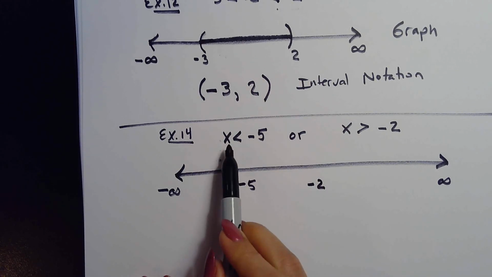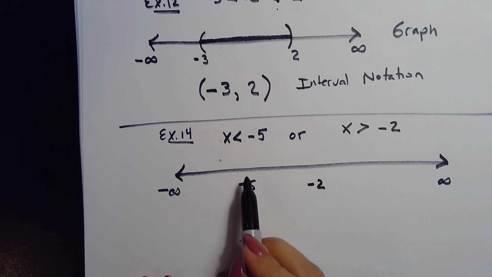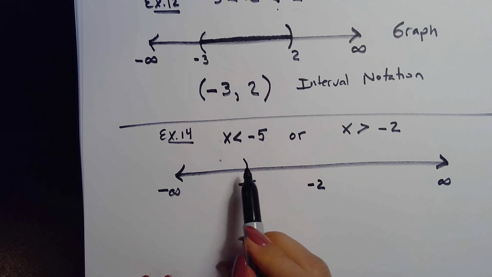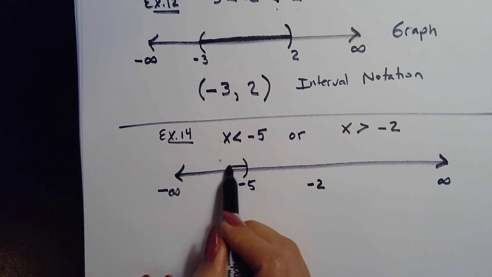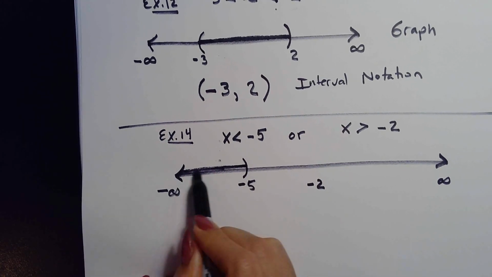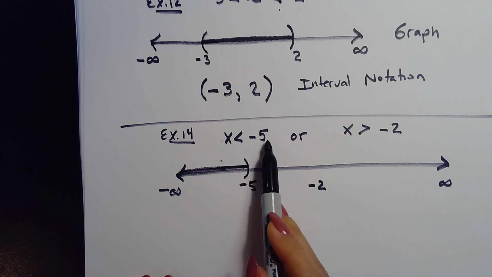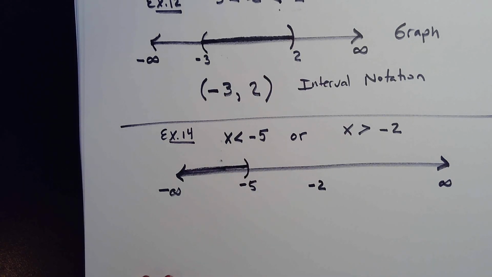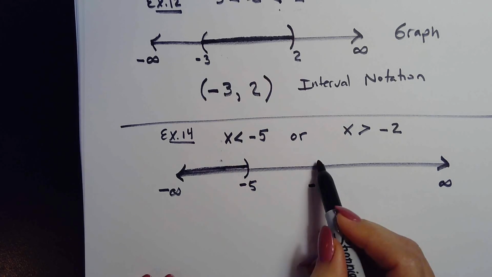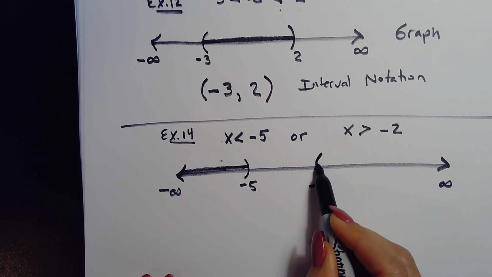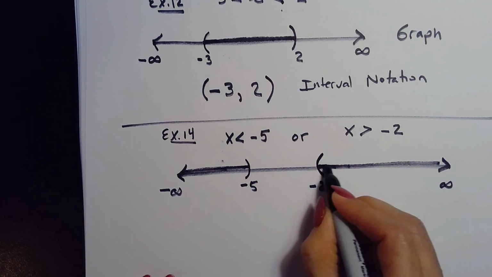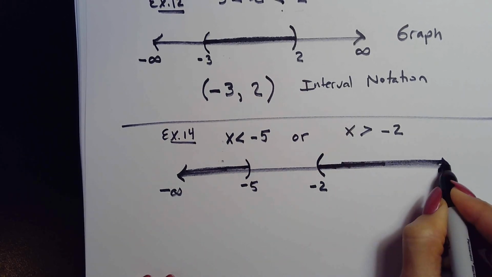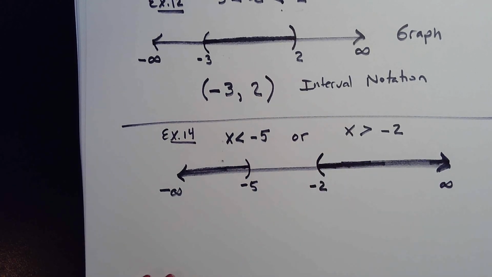It says x is less than negative 5, so it's going to be open, because it's less, and then towards the left. So I'm going to shade towards the left because x is less than negative 5, and then or x is greater than negative 2, so it's going to be facing to the right because it's greater, and it will still be open. So shade all this area here, right? And so that's the graph.